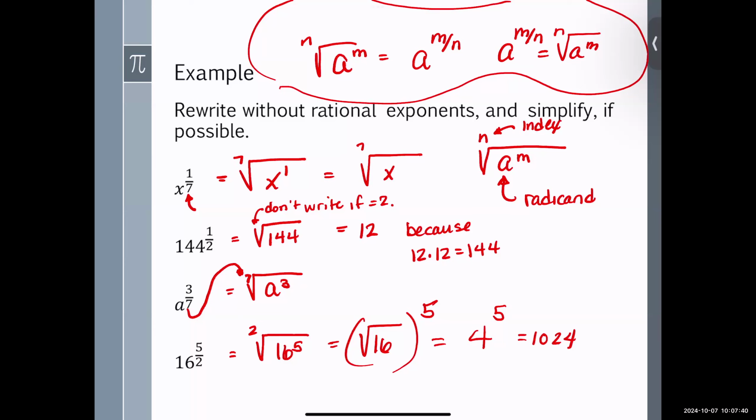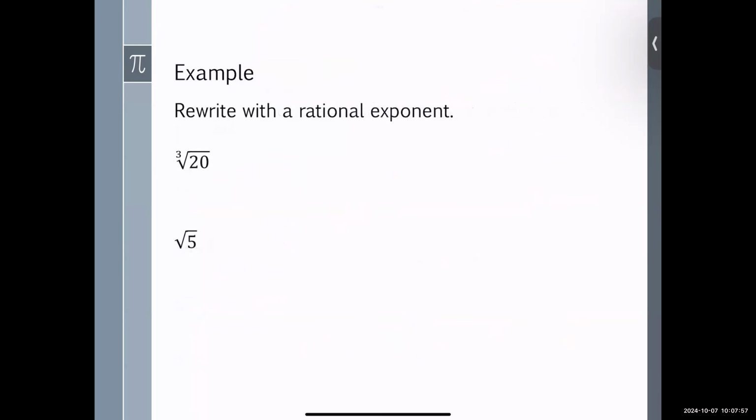So we can take values that are being raised to fractional exponents and write those as radicals. Conversely, if it's written as a radical, we can write it as a value raised to a rational exponent. So we could write the cube root of 20.